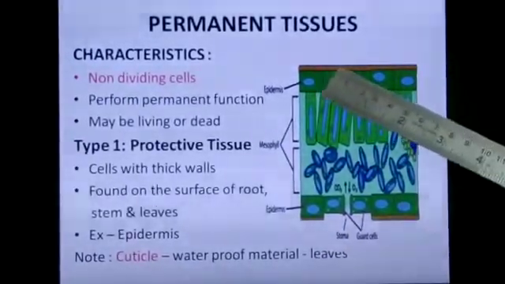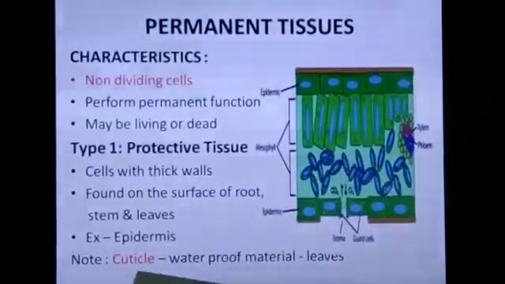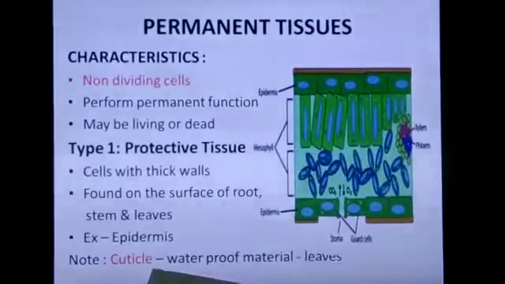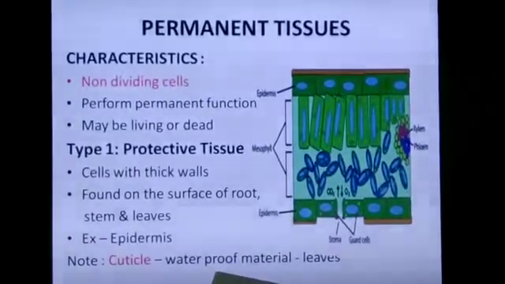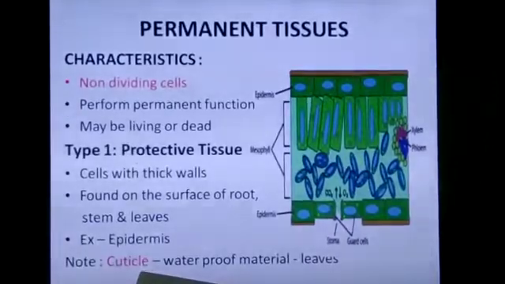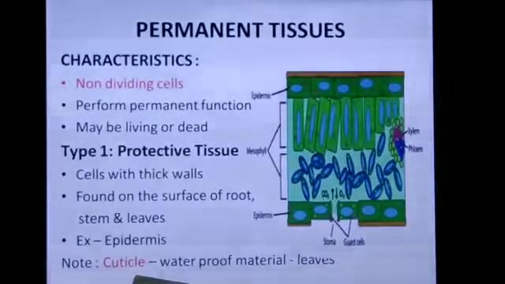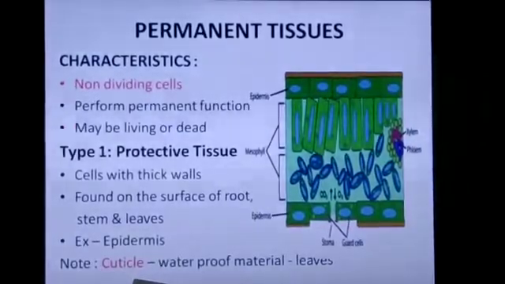A brown colored layer which is outside the epidermis is cuticle. Cuticle is a waxy waterproof material which makes an outer coating in leaves, and it is because of cuticle that when water falls on leaves, water droplets trickle down and leaves never get wet.